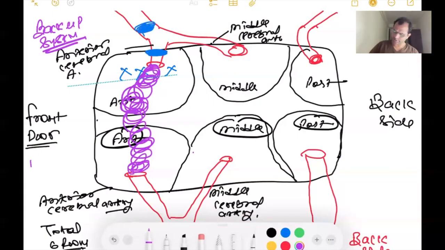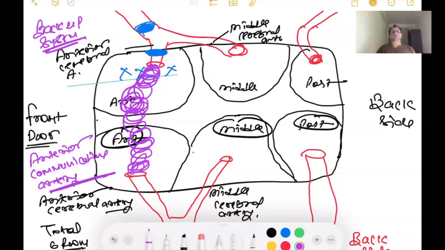This is called the anterior communicating artery. So what is the anterior communicating artery? The anterior communicating artery is the artery connecting the right side with the left side. It connects the right anterior cerebral artery with the left anterior cerebral artery.